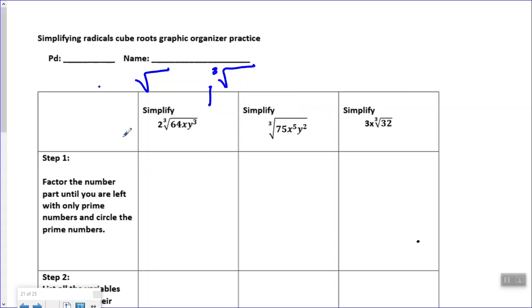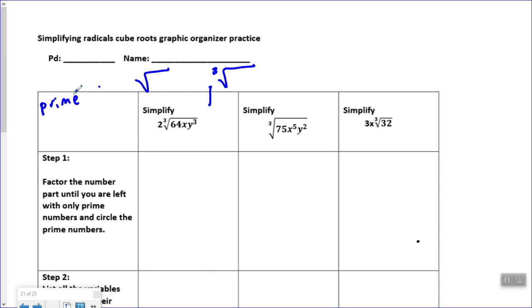So the steps are the same as when you simplify square roots, but you have to find triples inside the radical symbol. Let's go over step 1. You have to factor the number part until you are left with only prime numbers, and circle the prime numbers. Let's review prime numbers.